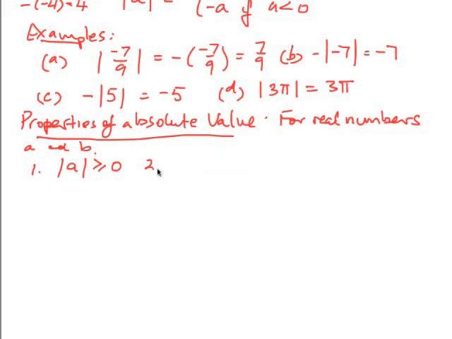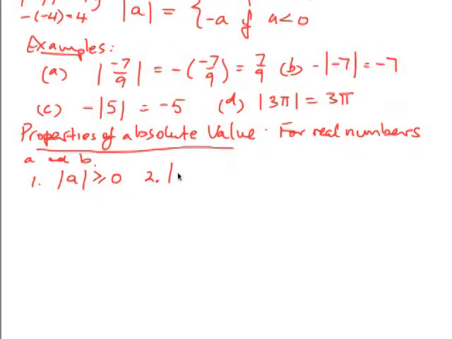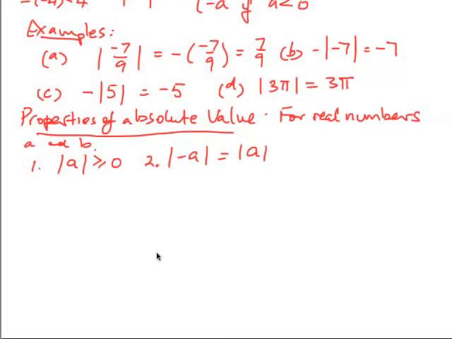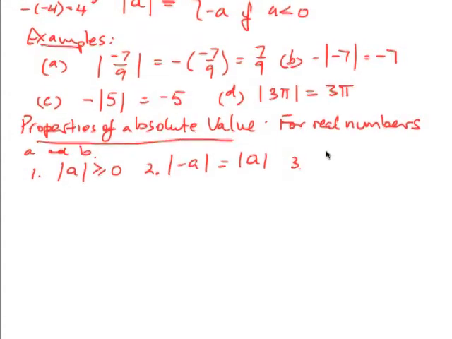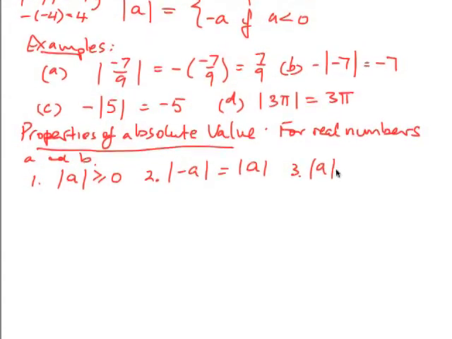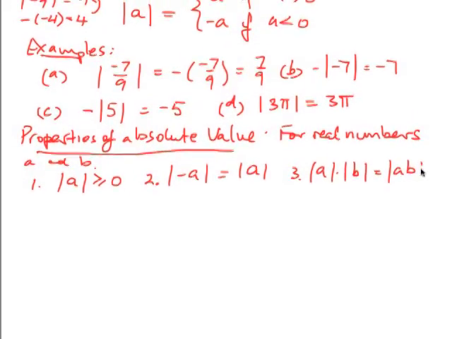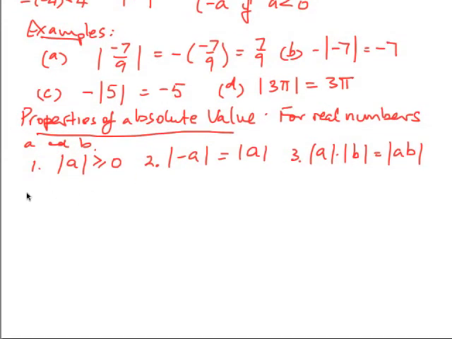Number 2, the absolute value of negative A is still equal to the absolute value of A. Number 3, the absolute value of A times the absolute value of B is exactly the same as the absolute value of A times B. Number 4, the absolute value of A divided by the absolute value of B is the same as the absolute value of A divided by B, as long of course as B is not equal to 0.